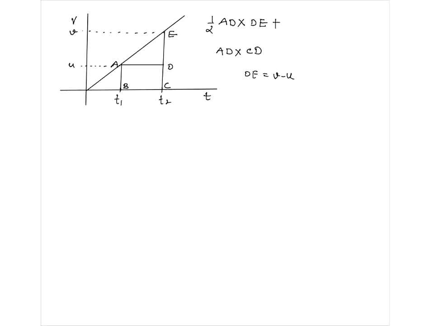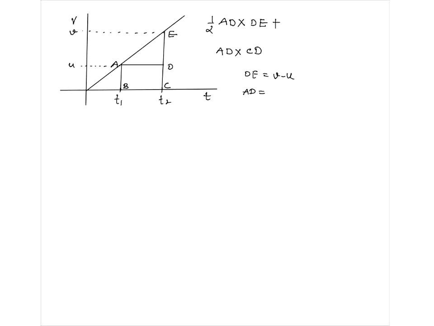And what is AD? T2 minus T1. Correct. This is T1, and from here to here is T2.